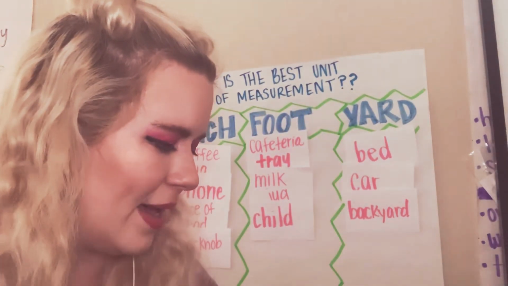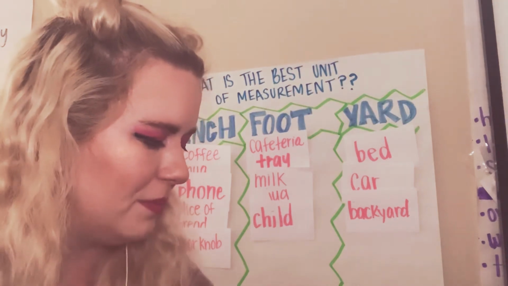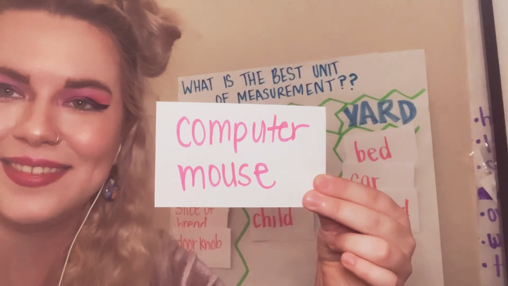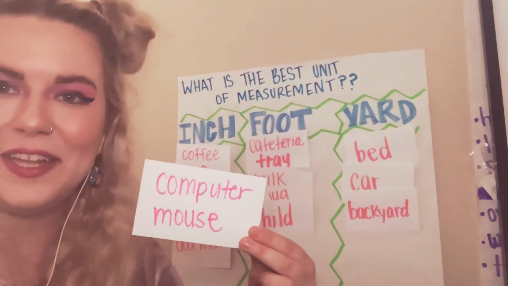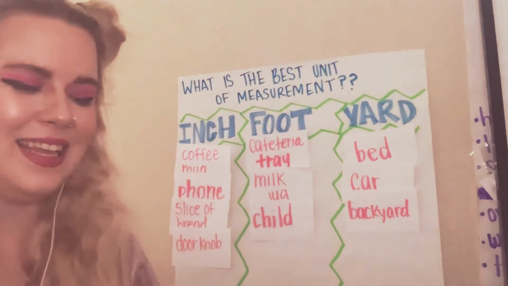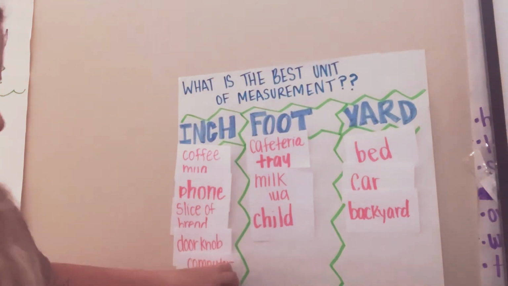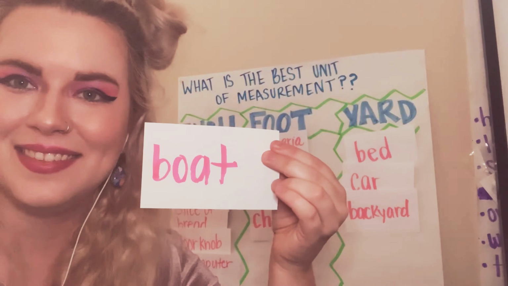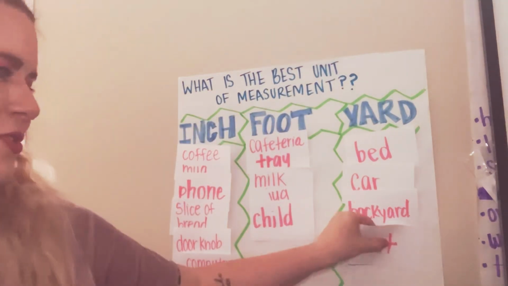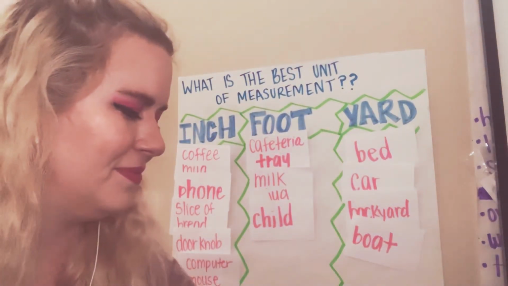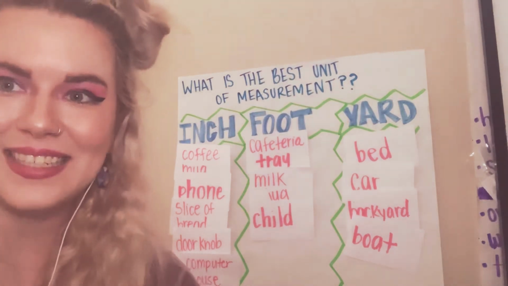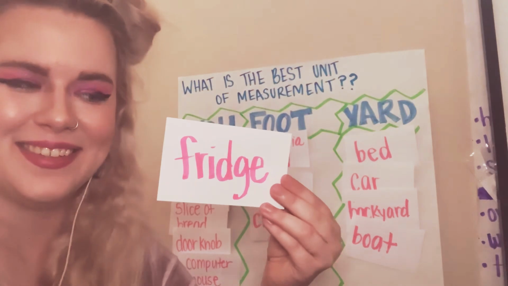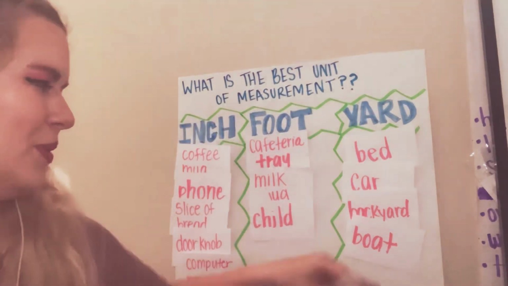Okay, let's do a couple more. What about a computer mouse? Inches, feet, or yards? Inches. What about a boat? A yard. You would want to measure that in yards. What about the height of your refrigerator? Yeah, yard. You would want to use a yardstick.